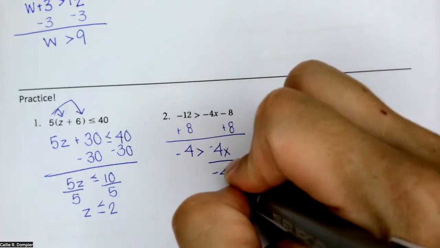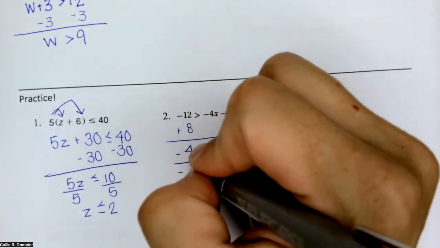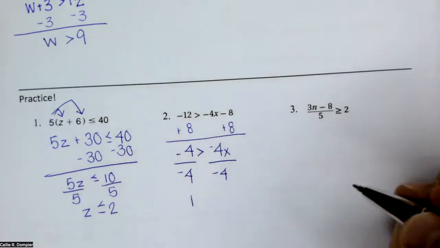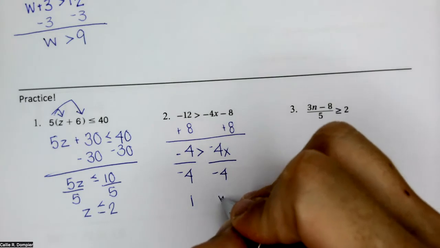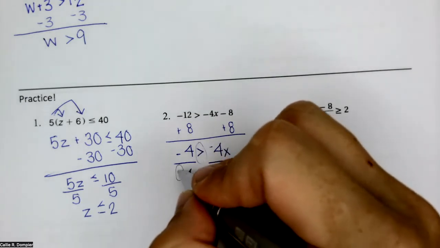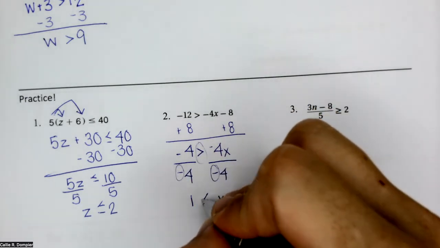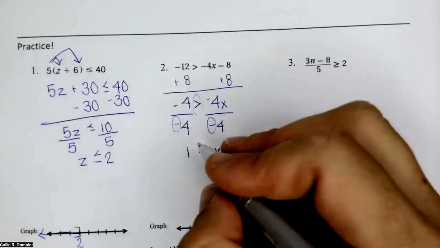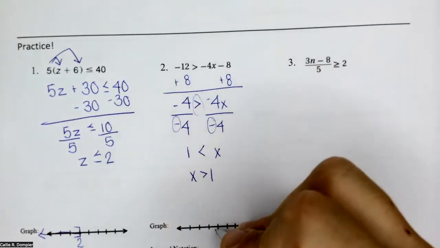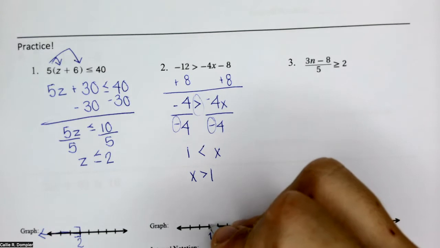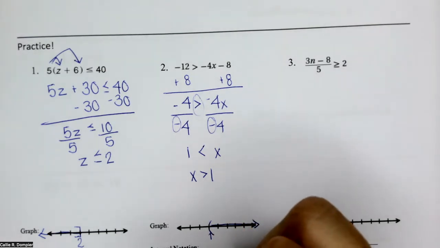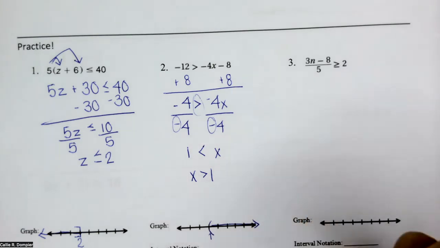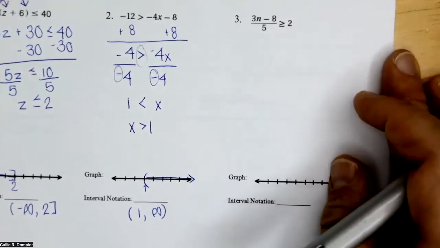Divide by -4. -4 divided by -4 is a +1. -4x divided by -4 is just an x, but because we were dividing by a negative, we flip the sign. So now it's x is less than 1. Here's 1. Less than direction is that way. Parentheses negative infinity to 1. Sorry, you couldn't see that.